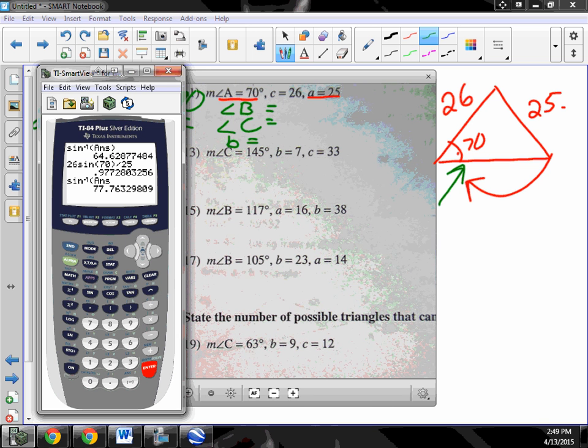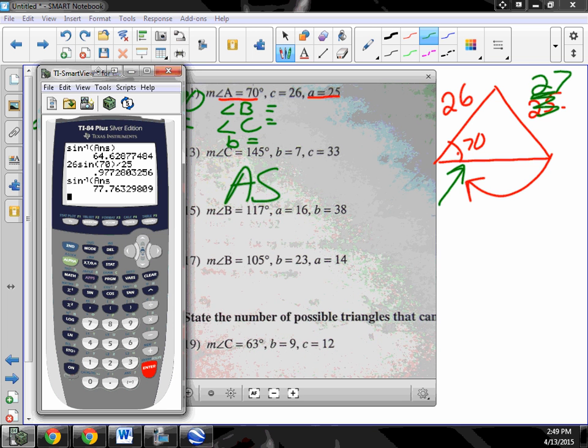Not from the picture. We have to look at the numbers. So if this was 27, then automatically the answer is 1. This way you'll remember. If your second S is bigger than your first S, you're number 1. If your second S is smaller than your first S, then you might be number 2.